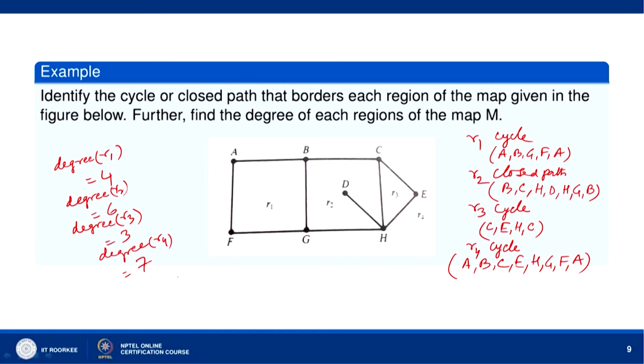So, the sum of degrees of the regions of this map is equal to 4 plus 6 is 10, 10 plus 3 is 13, plus 7 is 20. And edges are how many? Number of edges.